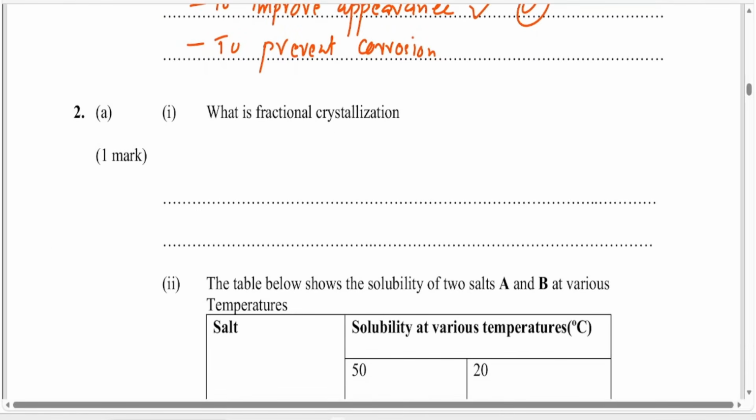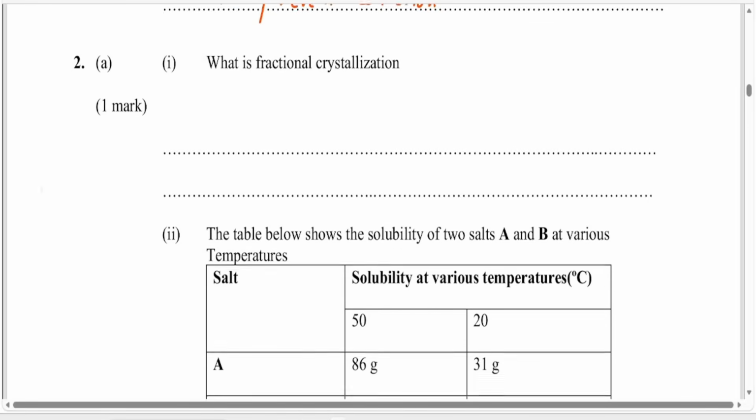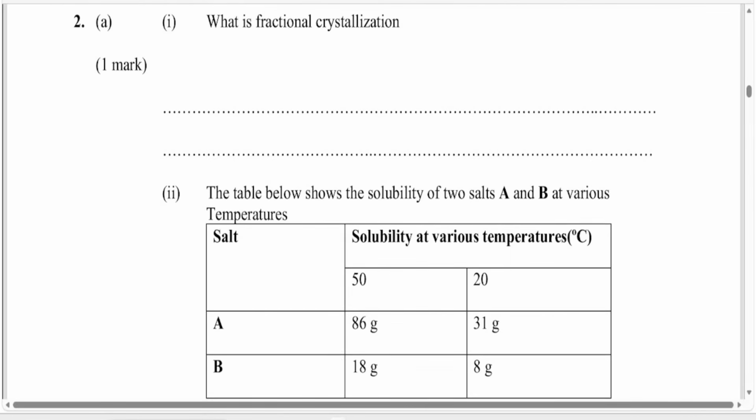Let's move to question number 2. What is fractional crystallization? If I have a mixture of two salts and I have to separate them, I will apply a method that we call fractional crystallization.